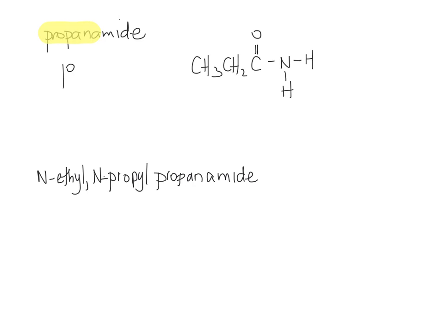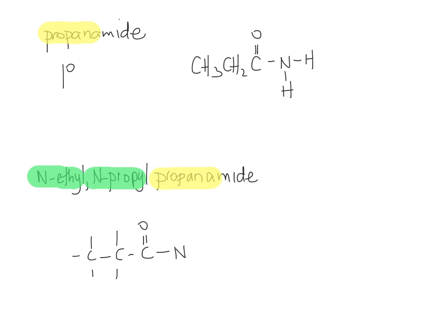Then we've got this one. We've got 2 side groups. We've got an N-ethyl and an N-propyl. And then we've got our amide, which is 3 carbons long. So, again, our carbonyl is attached to 2 other carbons, giving us 3 carbons in our amide. And this is a tertiary amide because there's 2 side groups.